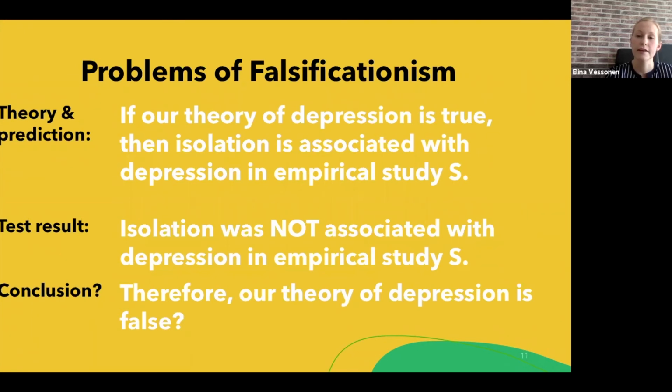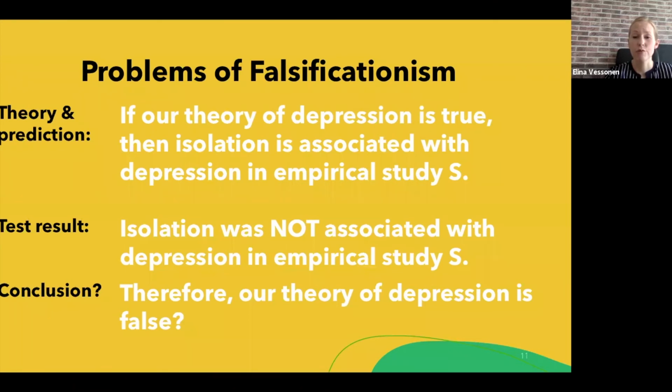So it could be that perhaps we used a bad measure of depression in this study, or perhaps we used the wrong way of categorizing people as depressed or not depressed, or isolated and not isolated. So the idea is that there are various things that we might do by way of tweaking the study or the theory that look like reasonable things to do, rather than reject the theory altogether.